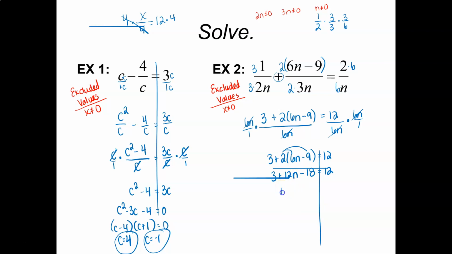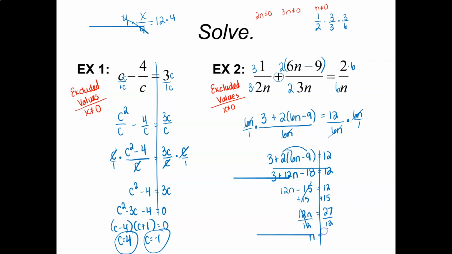So I got 12n, I'm going to put the 3 and the -18 together, which is going to give me -15 equals 12. I will add 15 to both sides.